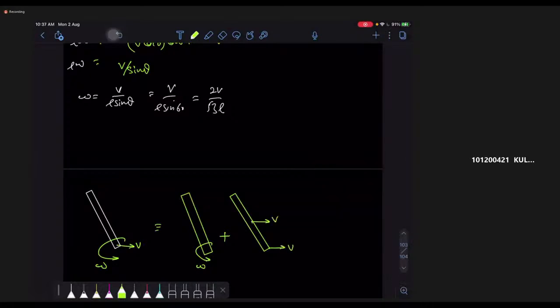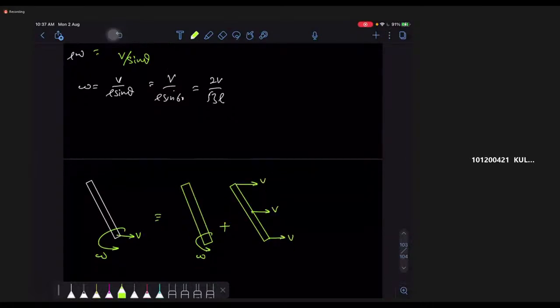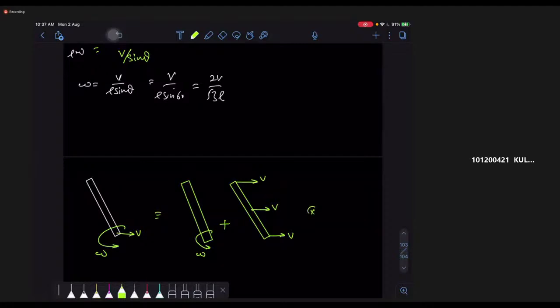The pure translation means everything is moving with V, right? We have a cross, dot. The magnetic field is a dot, it is not a cross. So if we take it as a dot, my V cross B is in the downward direction. The component responsible is my theta component.